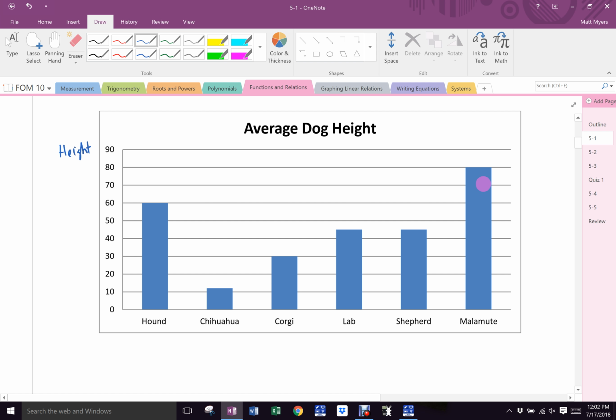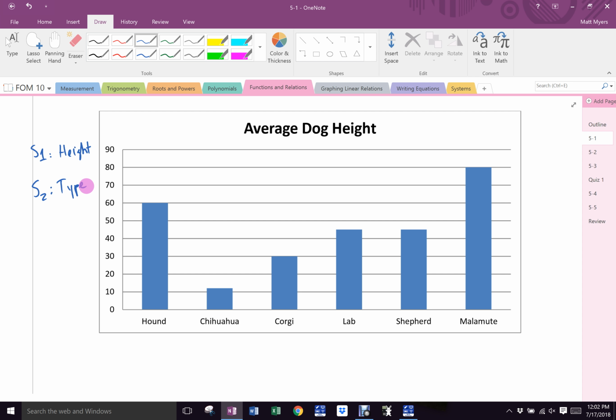I got 6 heights of dog, correct? That is set 1. What is set 2? Type of dog. Everybody understand? Easy peasy. I'm counting 2 things, right? I got 2 sets. Is everybody with me?